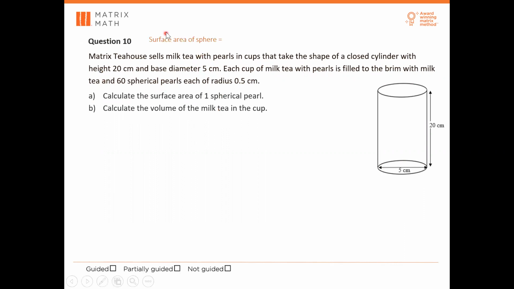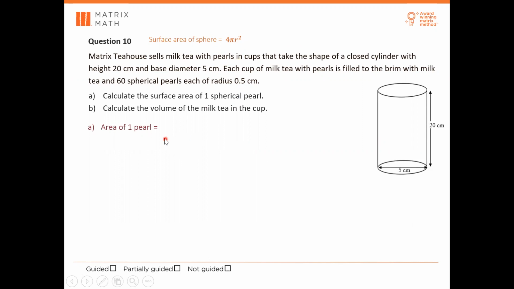All right, so we will need the formula for the surface area of the sphere because a pearl is a spherical shape. The formula, as we can recall, is 4 pi r squared. And we have the radius of each pearl given to us, which is 0.5. So I can just substitute that 0.5 into the formula.